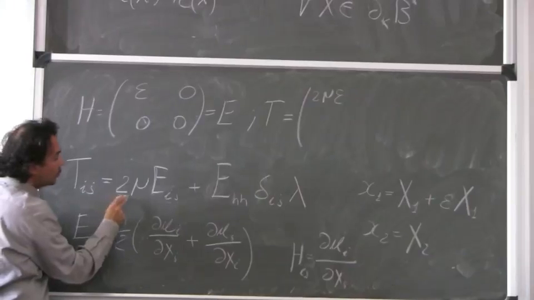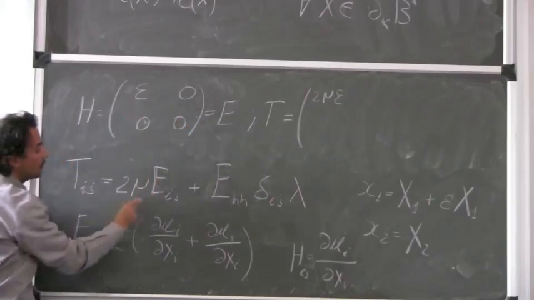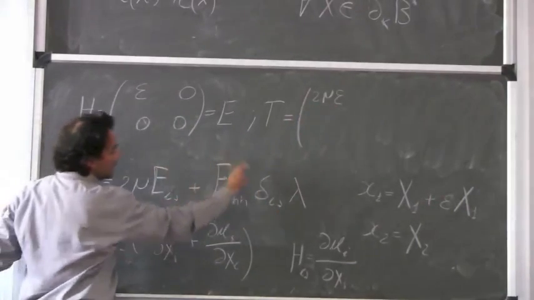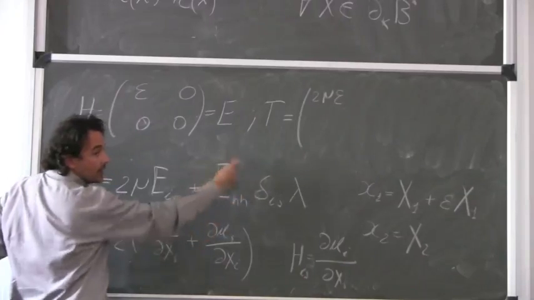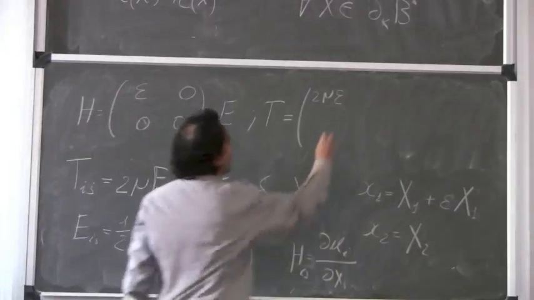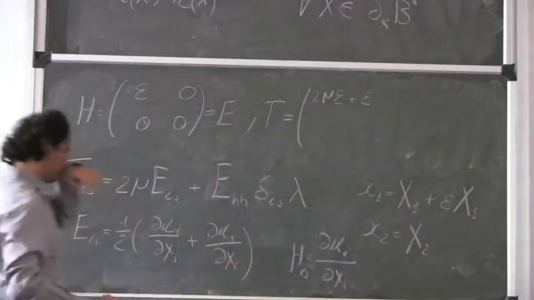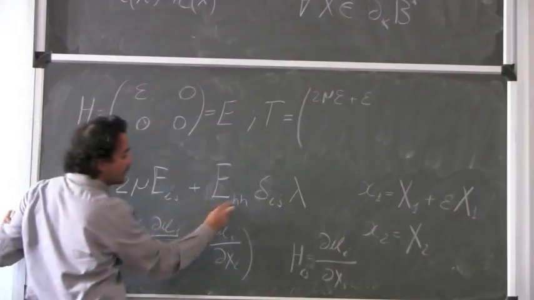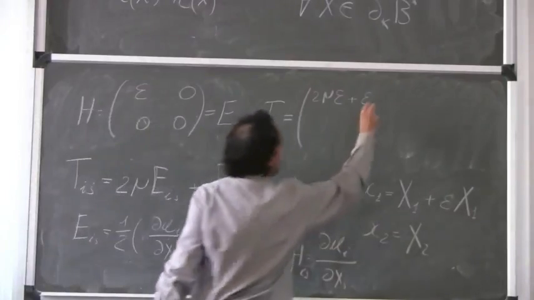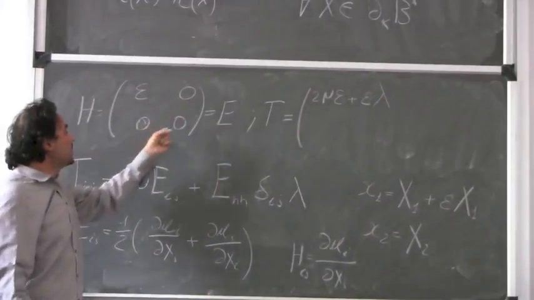So here we have 2 mu E11, that is epsilon, 2 mu epsilon, plus the trace of E, that is epsilon plus 0, so plus epsilon, that is the trace of E, delta 1,1, that is 1, multiplied by lambda. Here we have 0, 0, and 0.